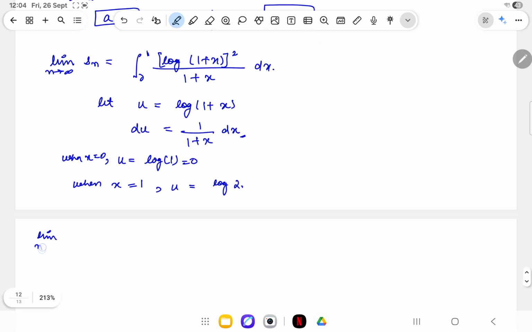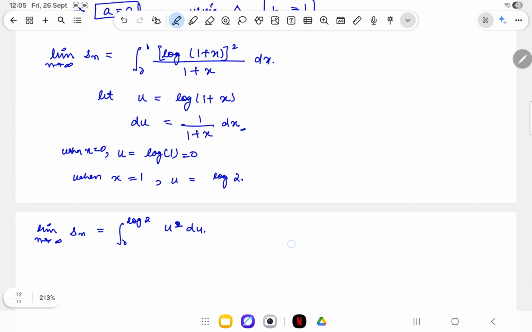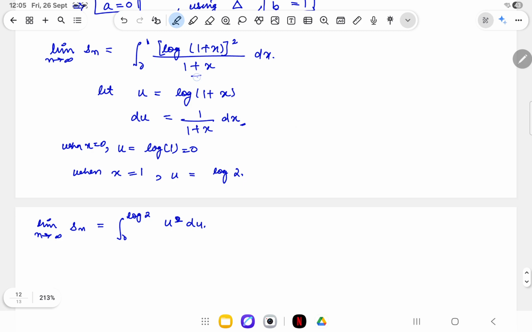It will be limit n approaches infinity, Sn is equal to integral 0 to log 2 u square du, because dx by 1 plus x is du. So it will be u cube by 3 and limit varying from 0 to log 2.